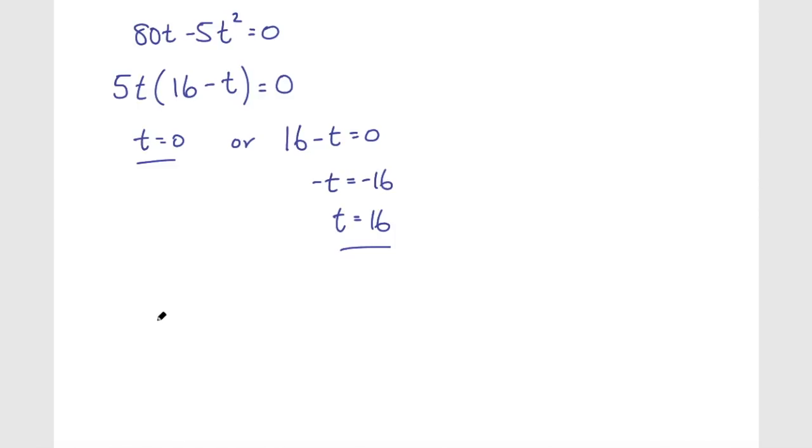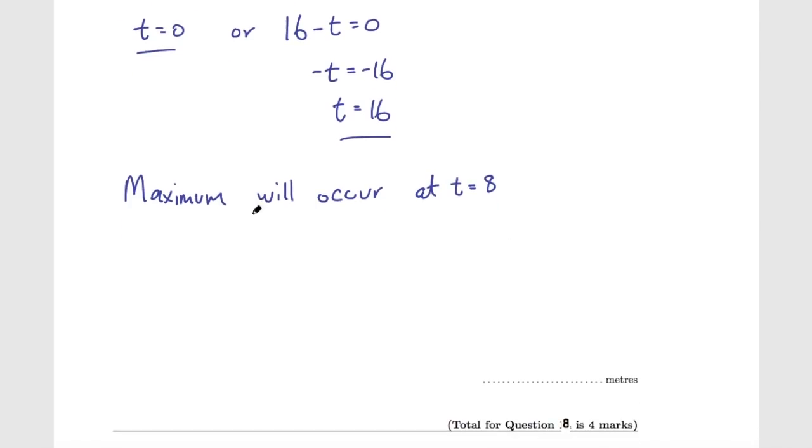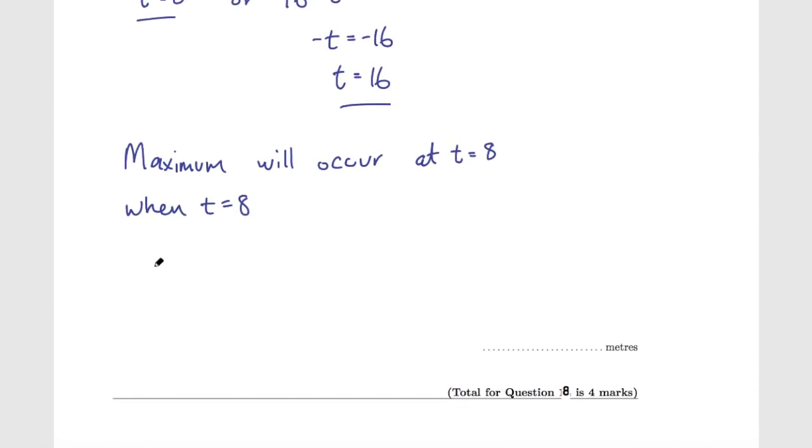So the maximum will occur at t equals 8. So when t equals 8, s equals 80 times 8 minus 5 times 8 squared.